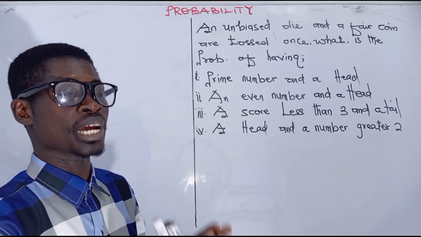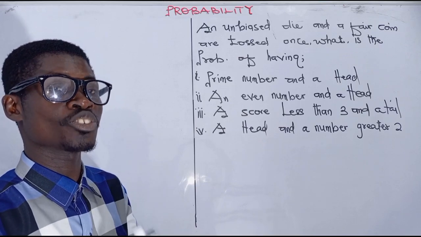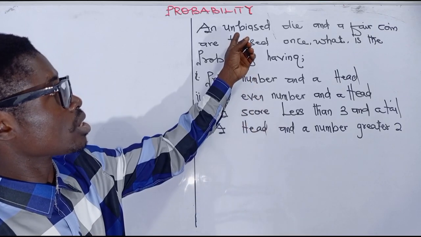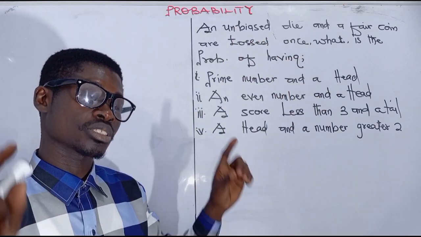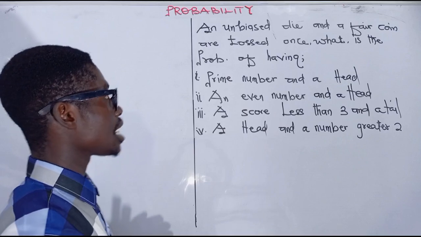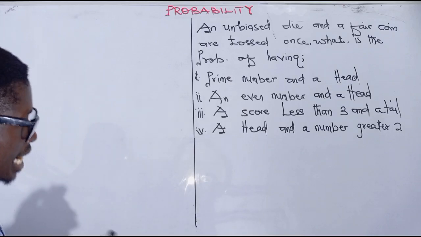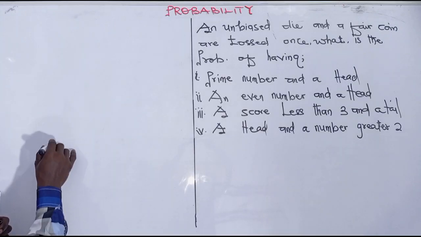So the first thing that we have to do is to write down the set of possible outcomes when the unbiased die and then the fair coin are tossed once.